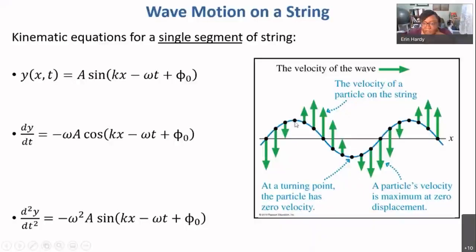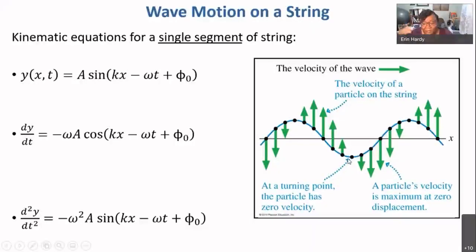So in other words, if you take a look at the particles that match up with the peaks and troughs of this little segment of wave, there's no velocity vector attached to them, because these sections of the string are already moving up as far as they're going to along the y-axis in the positive direction, and this particle has moved down as far as it's going to.